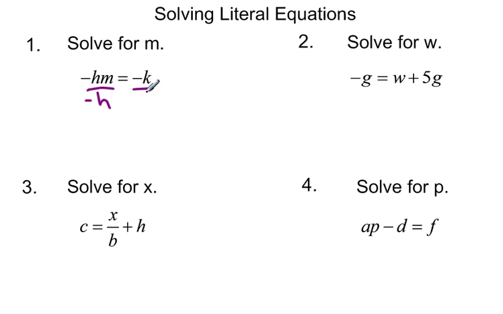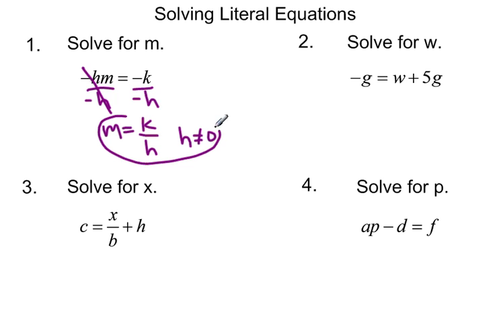So I will do a simple one step of division on both sides by negative h. Negative h over itself is 1, making this m. The only thing to simplify here is negative over negative, k over h. You also want to note that h cannot be equal to 0 because you cannot divide by 0.